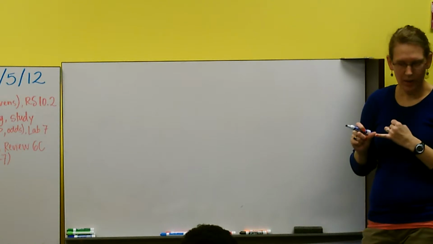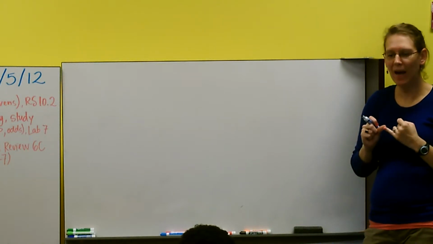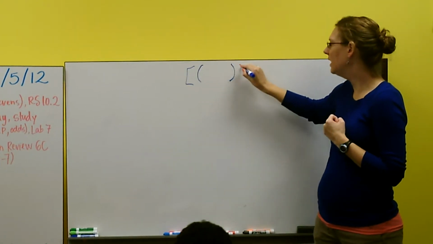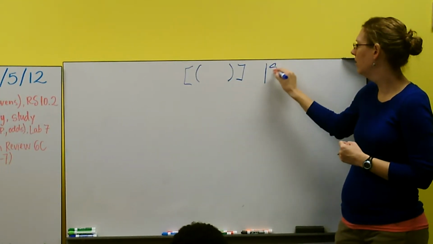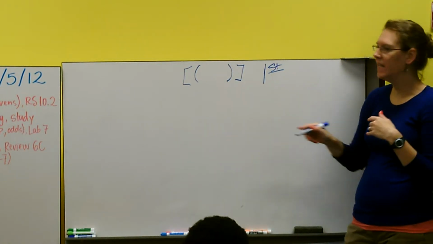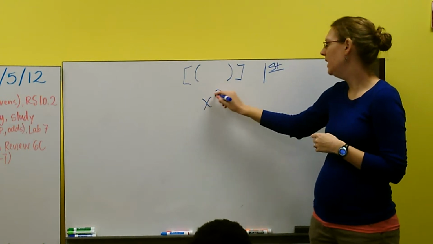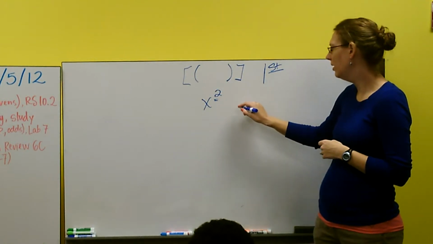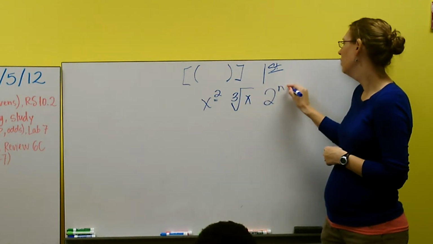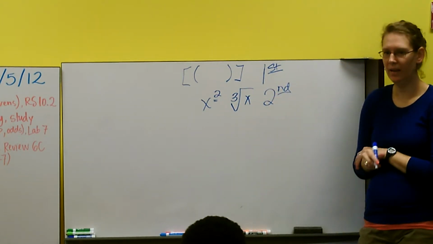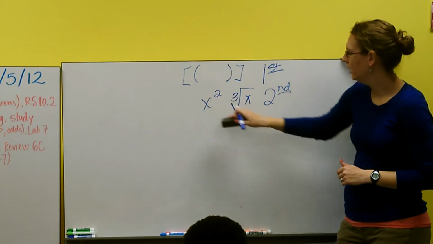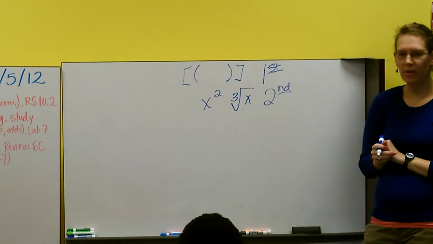Alright, so we start with our inclusion, our parentheses, our brackets, anything you see inside of a set of these, you have to do first. Our second, P, E, is exponents. So if you see a number with an exponent, we know that goes second.